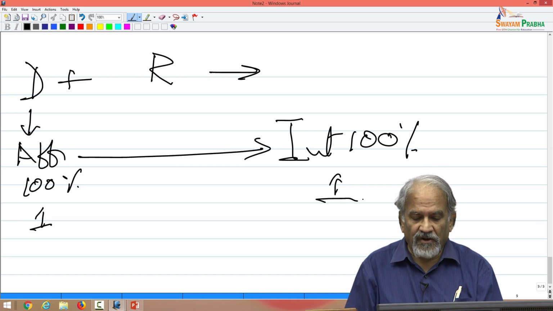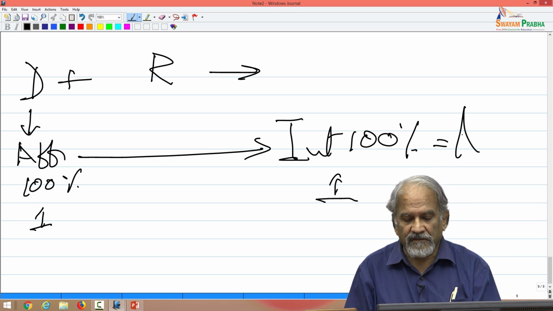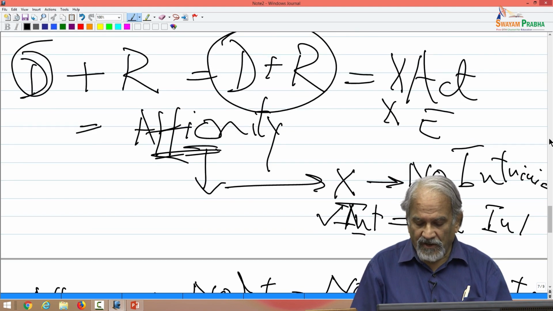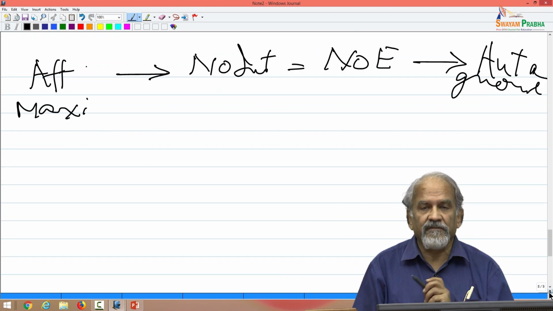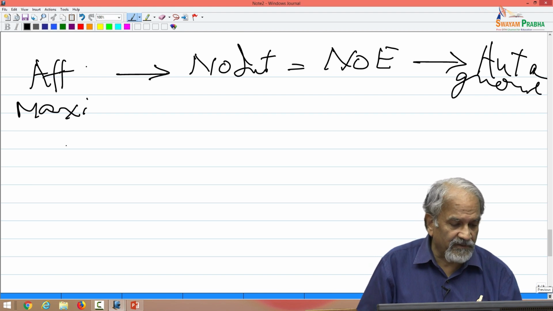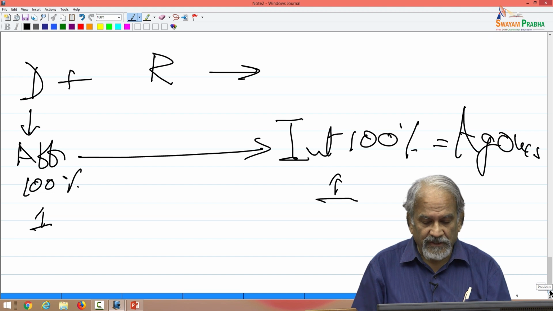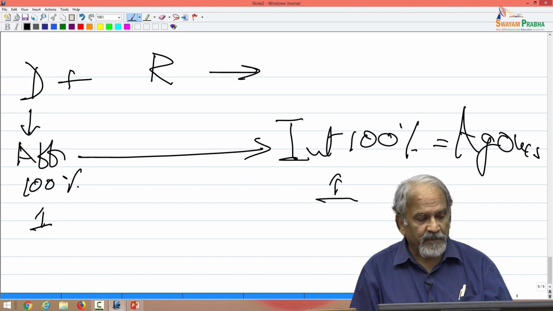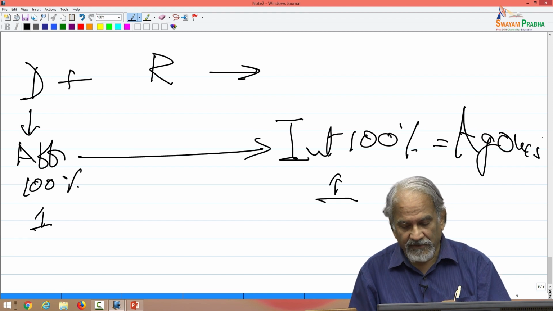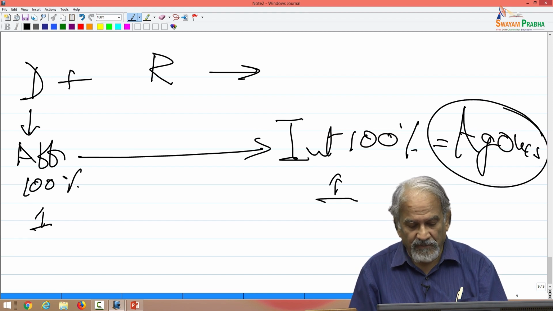So, this is called an agonist. Now, this is called a full agonist. 100% affinity and 100% intrinsic activity, this is called an agonist, and this will be called a full agonist.